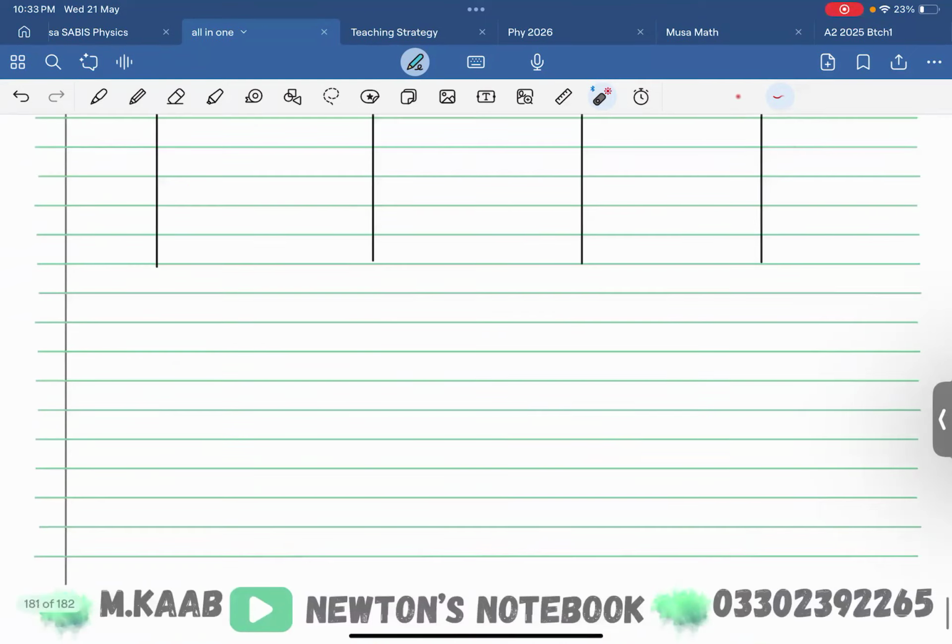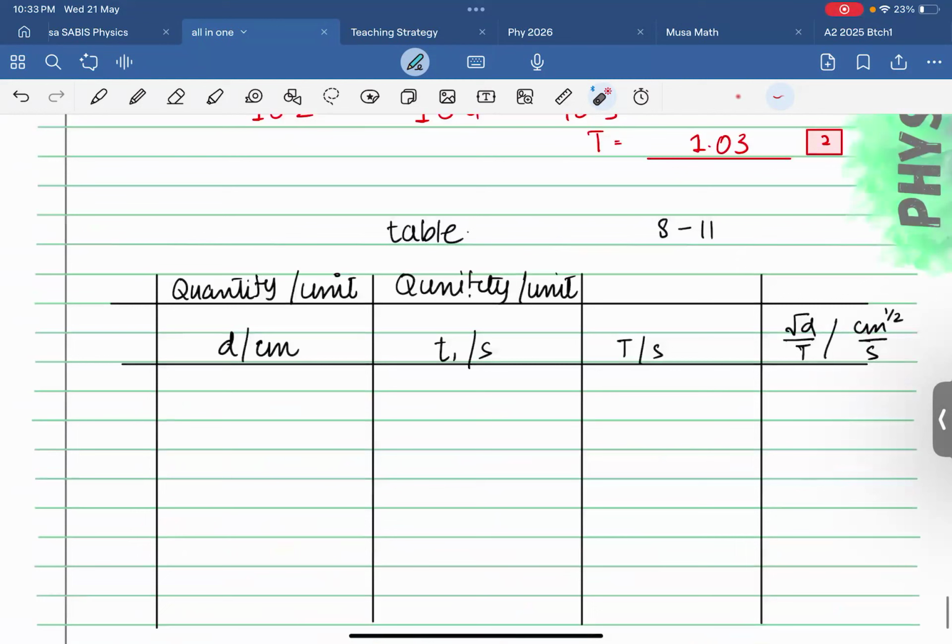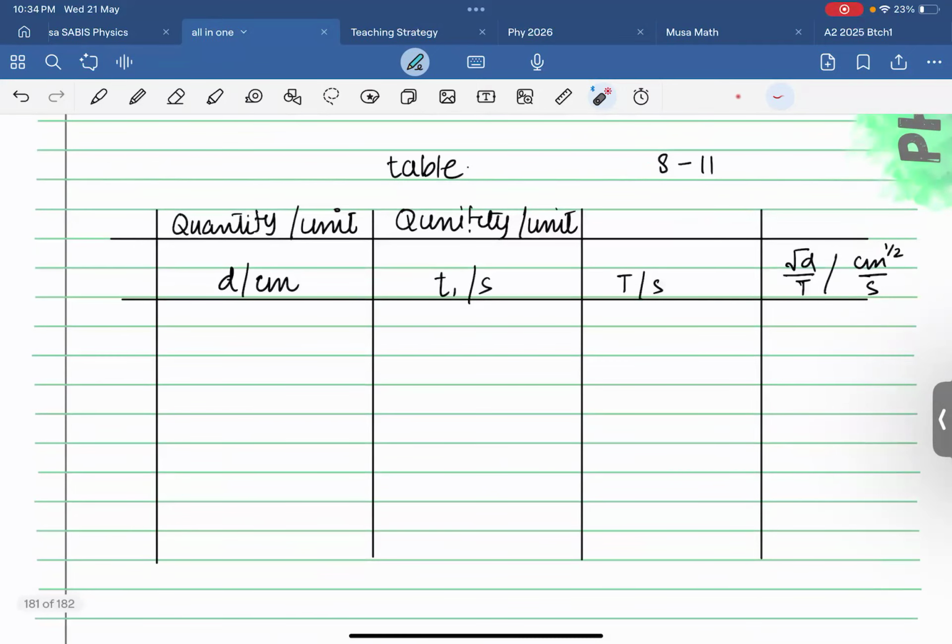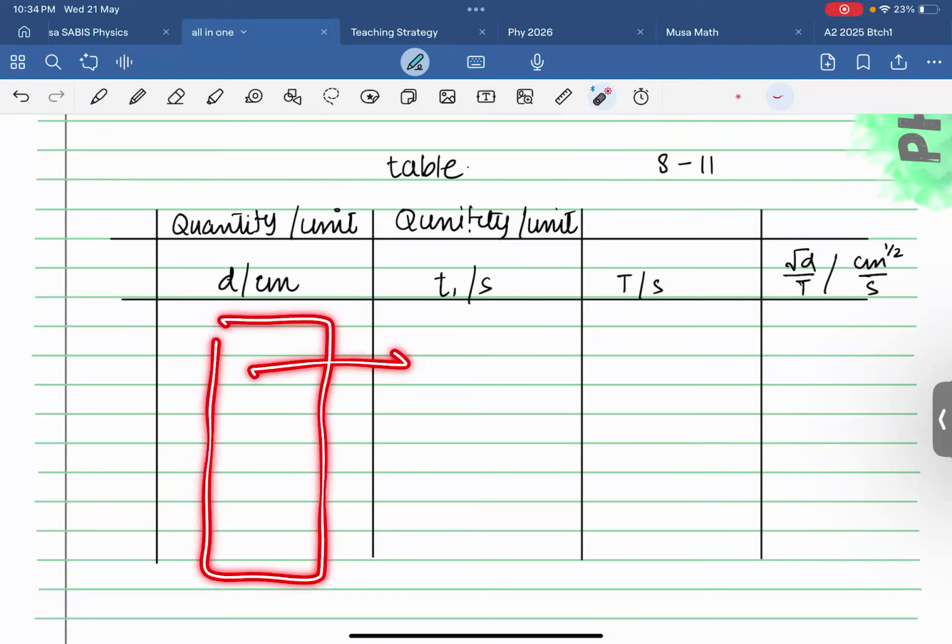So over here, let's assume that I have the quantity D that I'm varying. Let's say the length of a pendulum that I'm varying. I have a simple pendulum hanging from a thread, and I'm just changing its length. So before starting the experiment, just fill in these values, and then move on to this column.